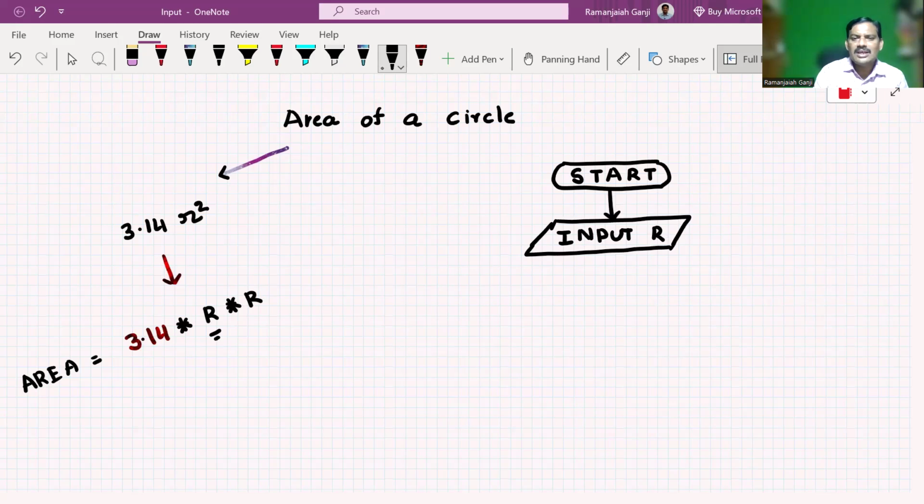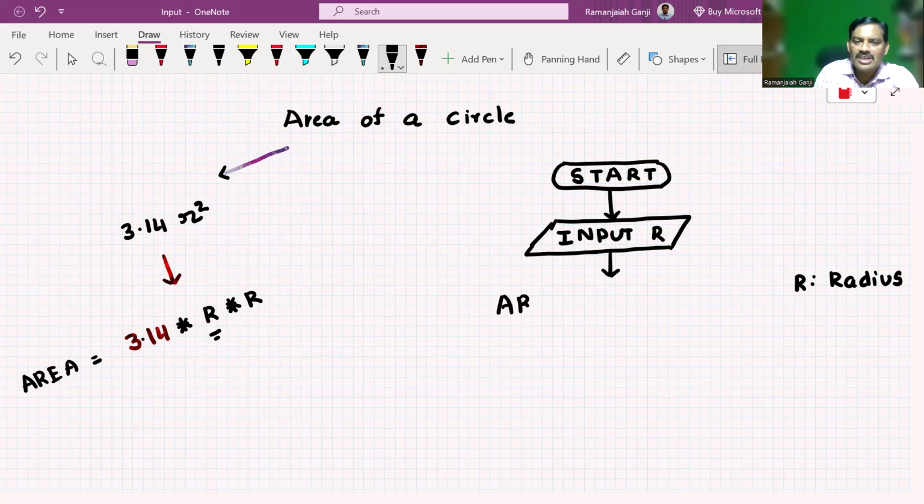People may not understand what R means. So if you want to write something, you may write R means radius, which is more clear. That is not for you, that is only for the people who view your flowcharts, who are unable to understand what it means. That's why a flowchart is always graphical. That's why it provides easy interaction.